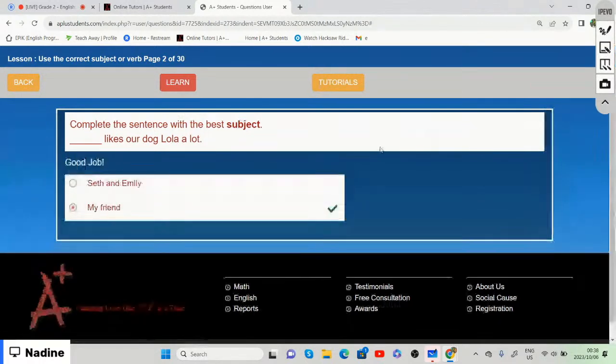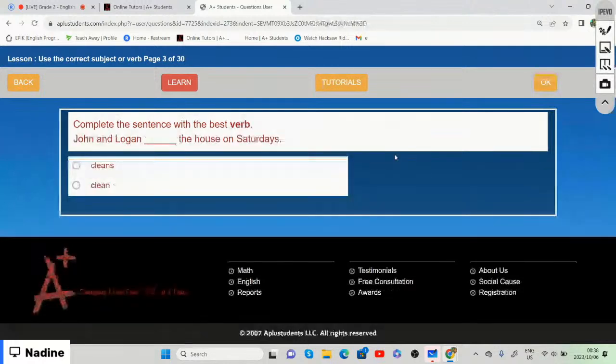All right. We need to complete the sentence with the base verb. John and Logan do cleans the house on Saturdays, or do they clean the house on Saturdays?